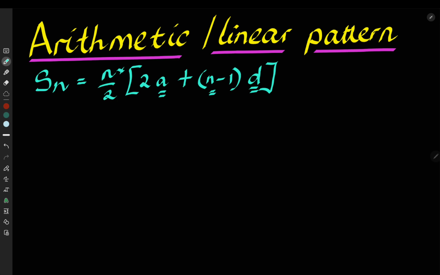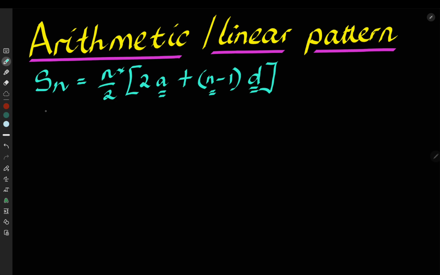So you just plug in the unknowns, which are n, a and d, and then you calculate the sum of the first 100 terms or whatever number of terms you'll be asked. So that is quite easy. Just punch into that formula.